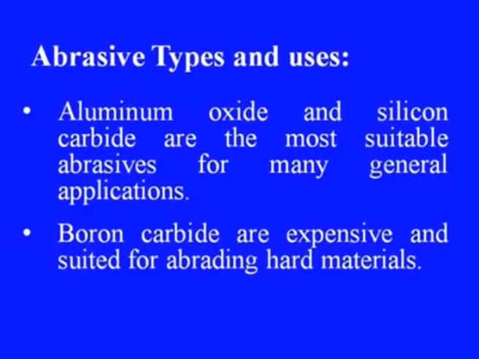Then what are the different abrasives used in this particular process? As I said already, aluminum oxide is by far the most used abrasive material along with silicon carbide. In almost all general applications, these two types of abrasive materials are used.